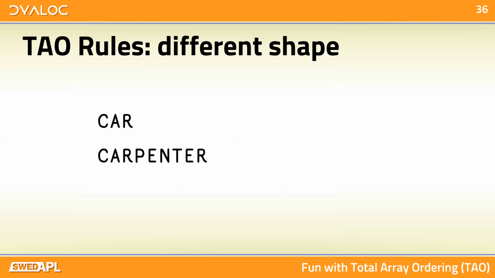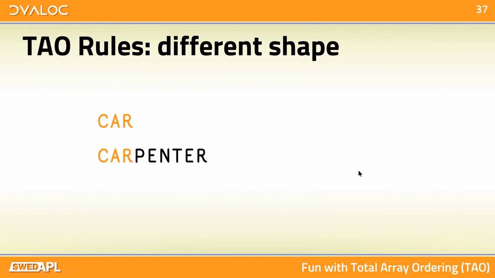Consider, for example, car and carpenter, which have different lengths. Lexicographical ordering specifies that nothing comes before something. That's at least one way of saying it. Another way of saying it is that if you have two strings where one is a prefix of the other, as here car and carpenter, then the prefix comes first, and the one that has a continuation comes afterwards.